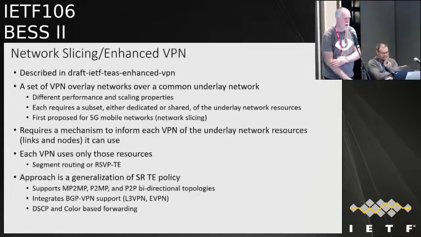So what is this stuff we're talking about? Well, there's a working group draft in TEAS describing enhanced VPNs, and essentially they are VPNs with a little bit more required by the user.